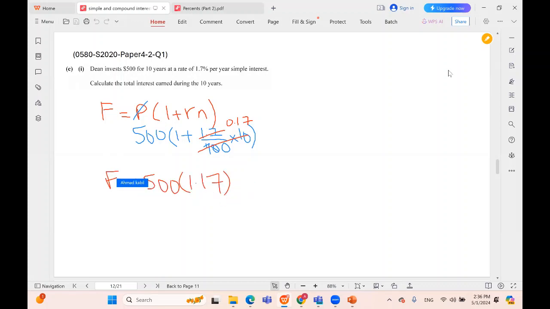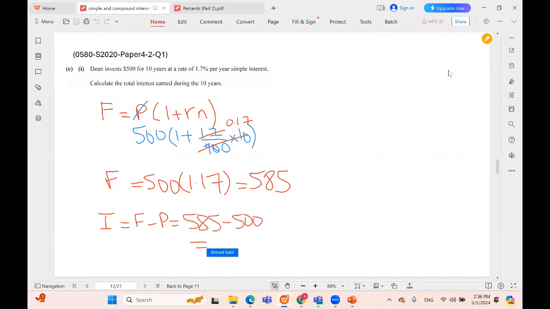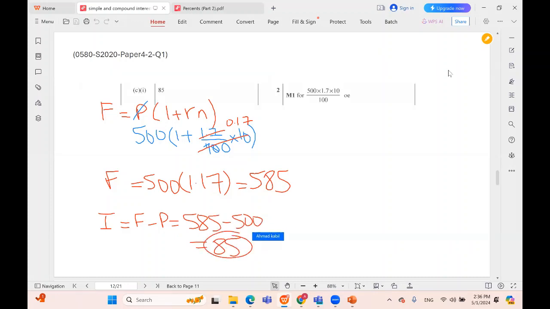So F is equal to 500 times 1.17, which is 585. And the interest is F minus P, which is 585 minus 500, which is 85. So the final answer here is $85.